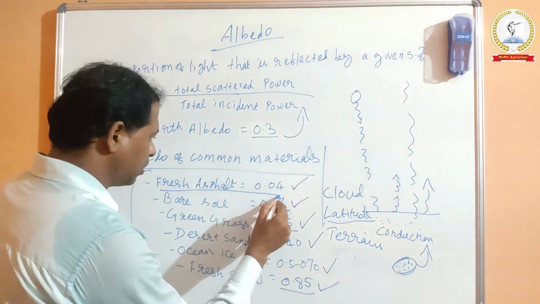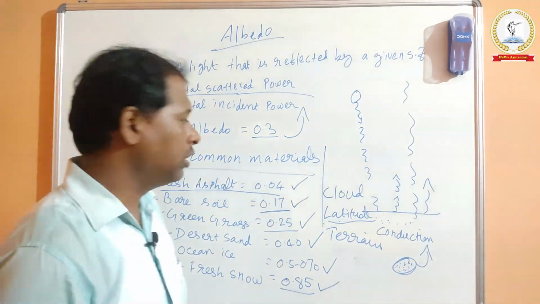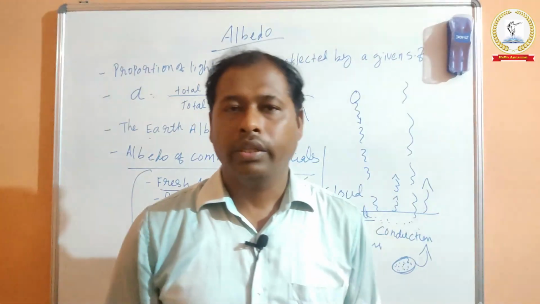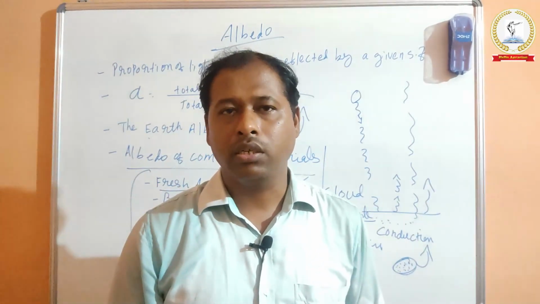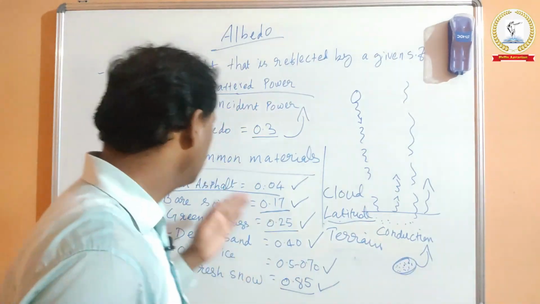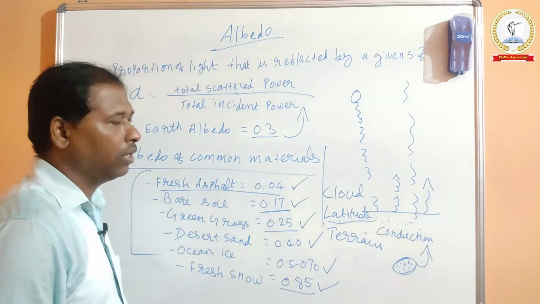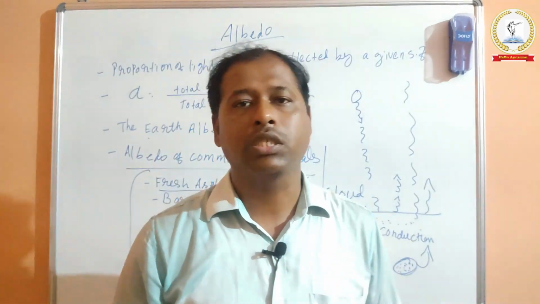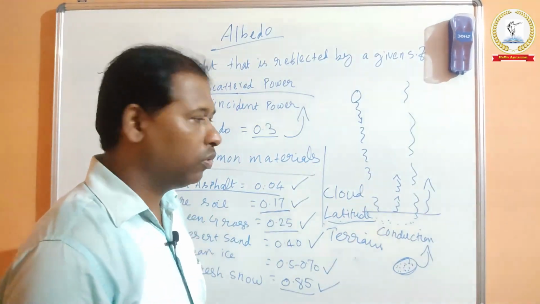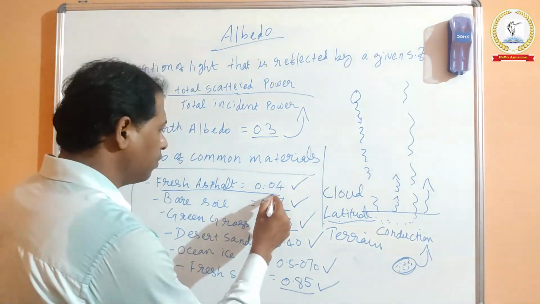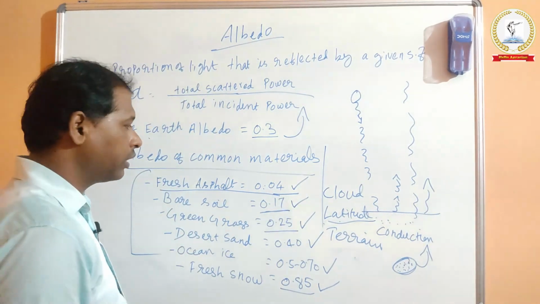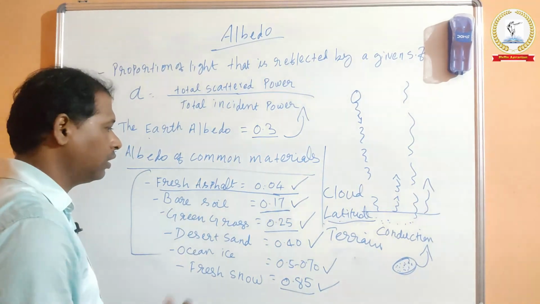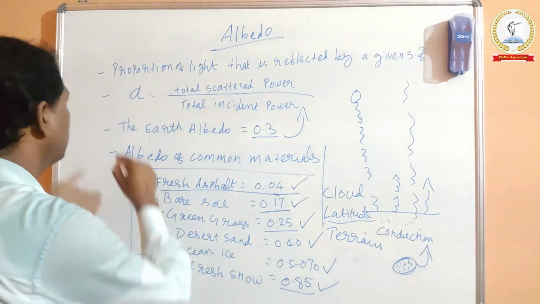Similarly, fresh asphalt sheet is 0.04, which means almost the entire amount of solar radiation is absorbed. That's why a house made of asphalt sheets feels warmer, because it absorbs more solar radiation and warms the inside.